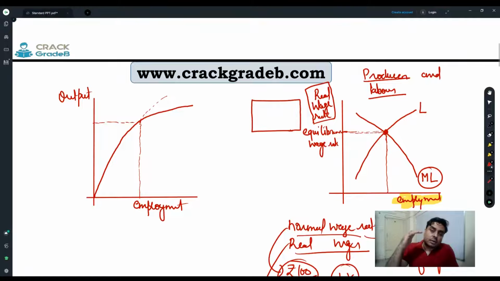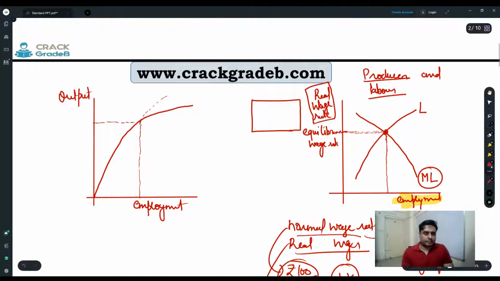Whereas if low wages are there, then people are not interested, and involuntary unemployment will increase. For example, most of you here are preparing for the SEBI exam, many for the RBI exam, and many for government jobs.